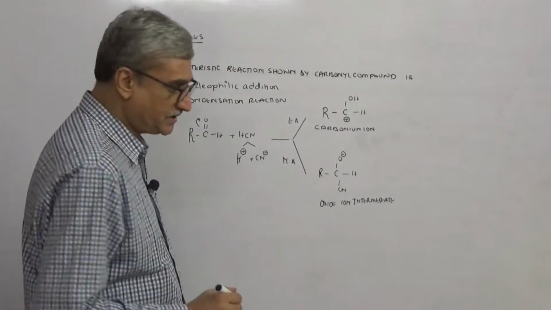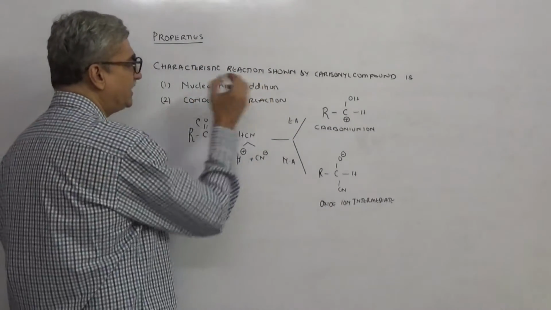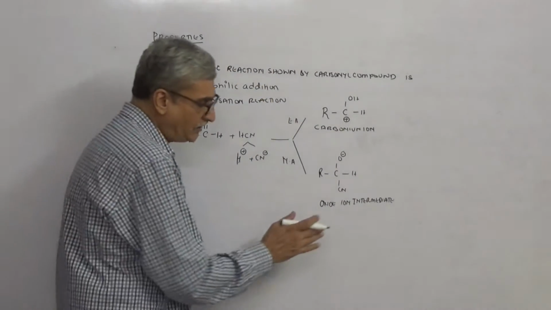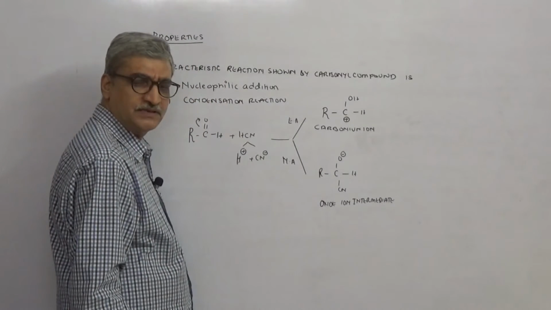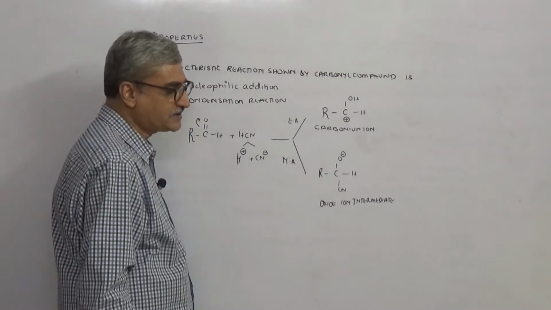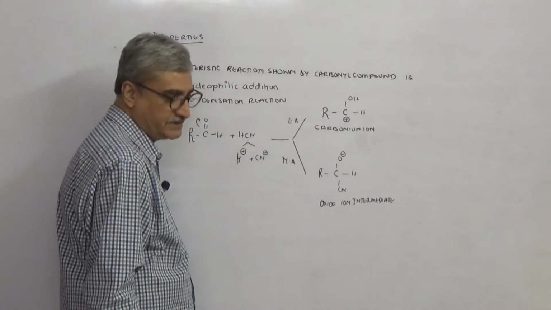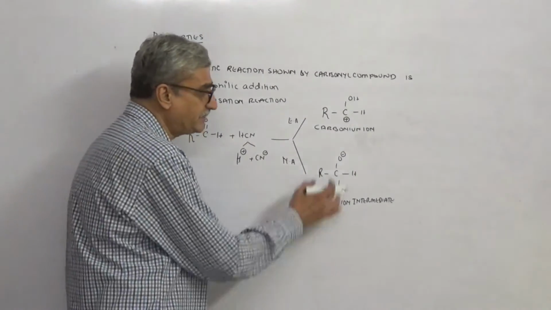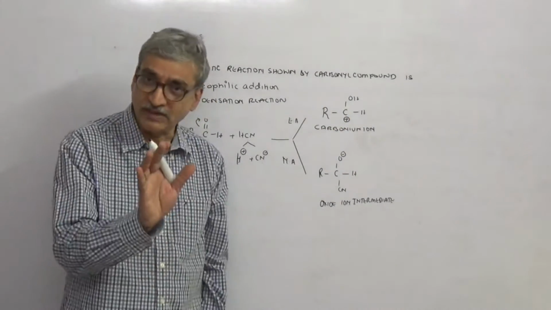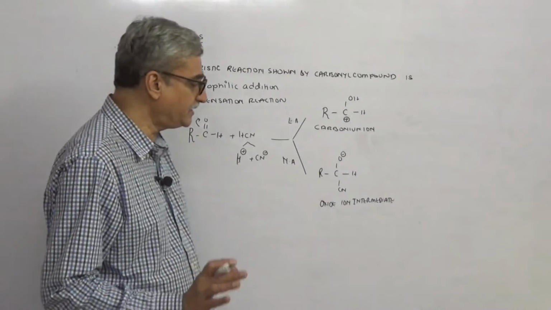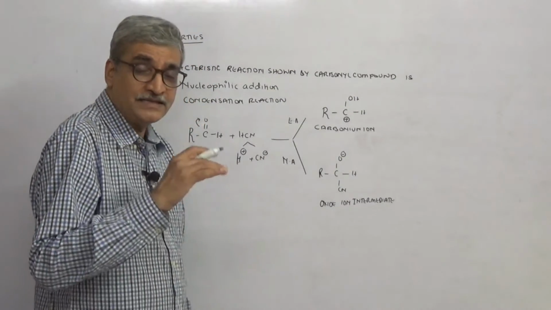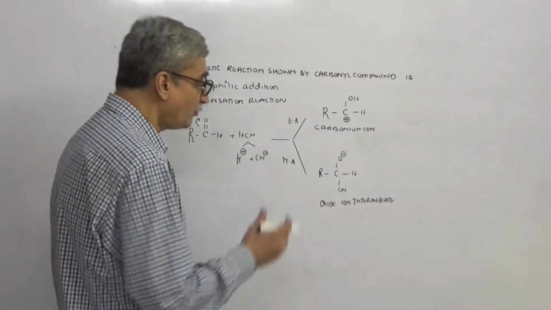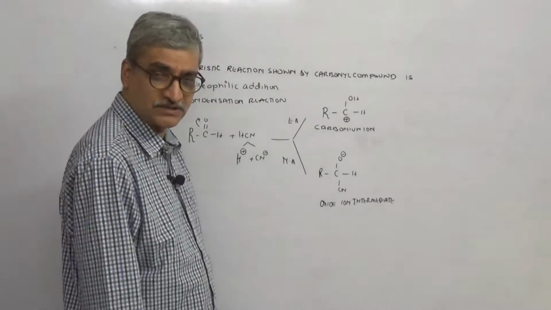So first question is, why does it show nucleophilic addition? Because nucleophilic addition results in the formation of an oxide ion intermediate. Is this point clear? And the oxide ion intermediate is more stable than the carbonium ion intermediate. That is one MCQ that we can think of. The second MCQ is, why is the oxide ion intermediate more stable?